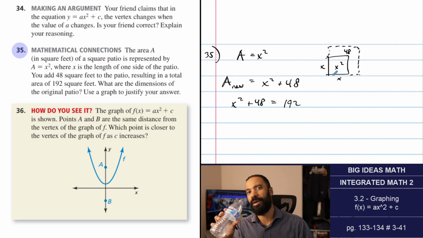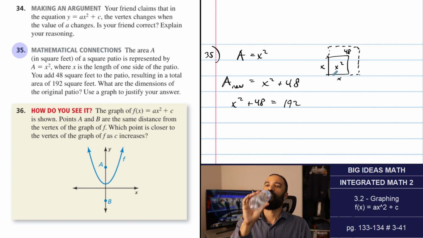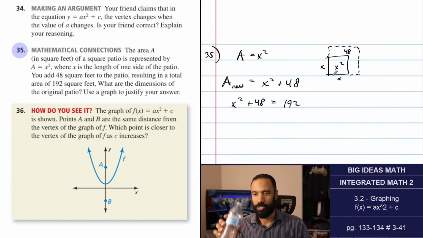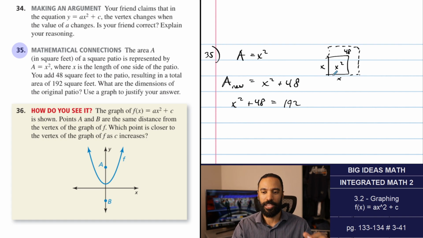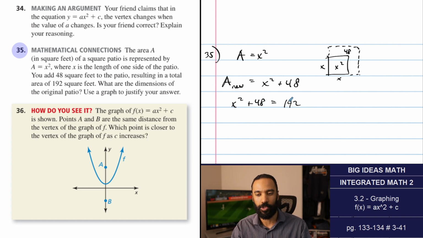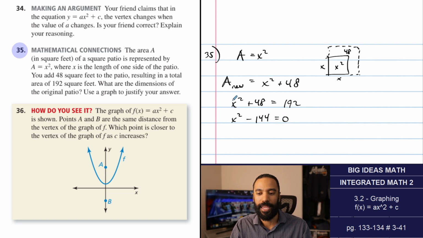What we want to figure out, there are a lot of ways we can do this. We need to do one of two things. We can either graph y equals x squared plus 48 and see when it hits y equals 192, or subtract 192 from both sides, which would give me 144, and figure out when I hit 0 here.